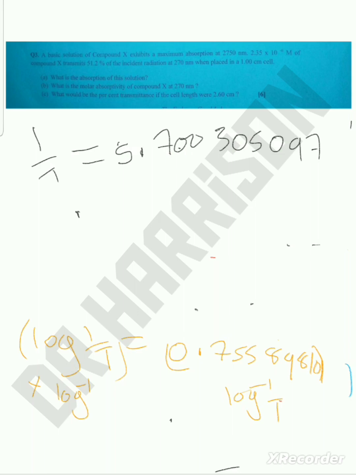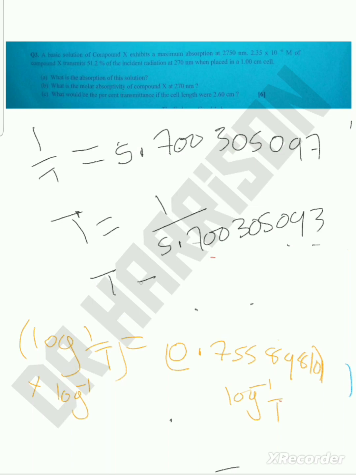So to make T the subject of the formula, we are going to say transmittance T is equal to 1 divided by this answer here, which is 5.700305093. So our transmittance is going to be 0.175429206.